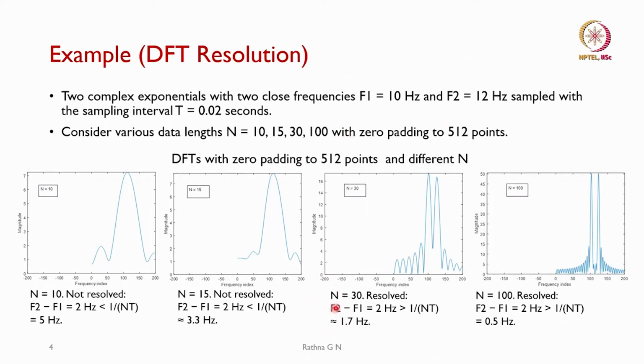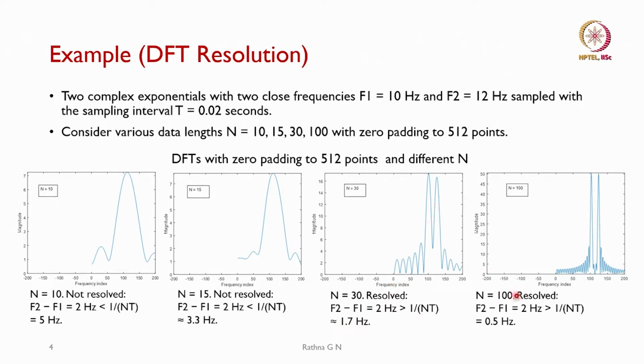Coming to N equal to 30, partly, as we can see, it is resolved. We are going to see two peaks in our DFT domain with 30 samples, and the rest are zero padded to make it 512 points. Our resolution 1 by NT is equal to 1.7 hertz, and 2 hertz is greater than this, so you will see two peaks appearing.